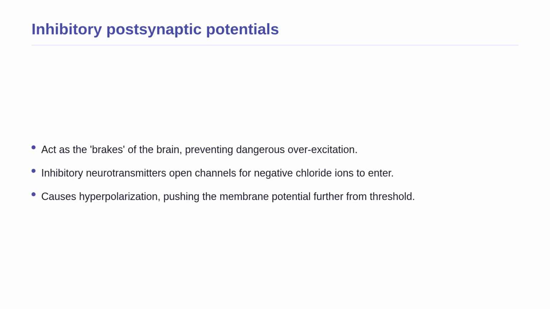Having seen how neurons are excited, we must now ask how they are controlled. If EPSPs are the gas pedal of the brain, inhibitory postsynaptic potentials, or IPSPs, are the brakes. When a neuron receives a stop signal from neurotransmitters like GABA, specific channels open to allow negatively charged chloride ions to flow into the cell.